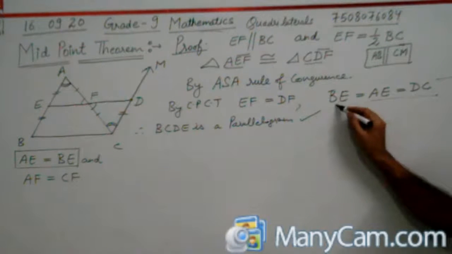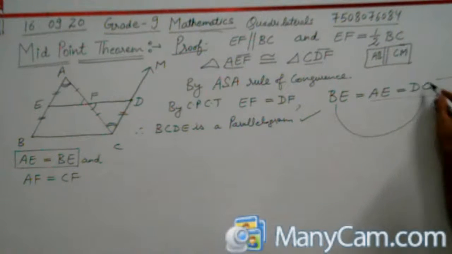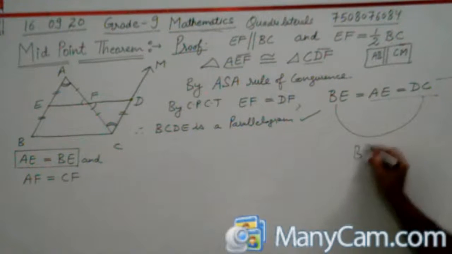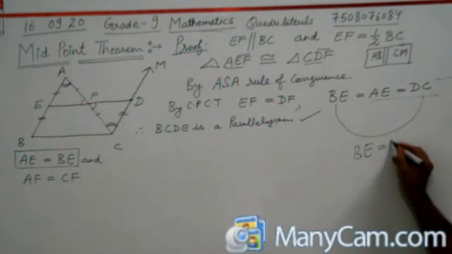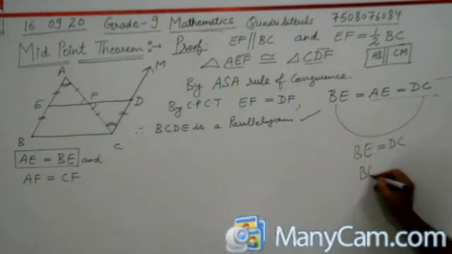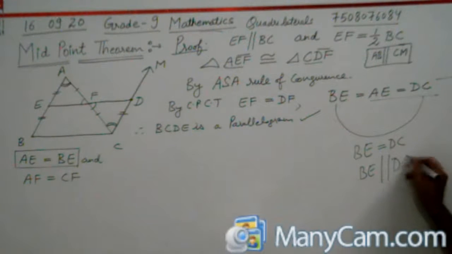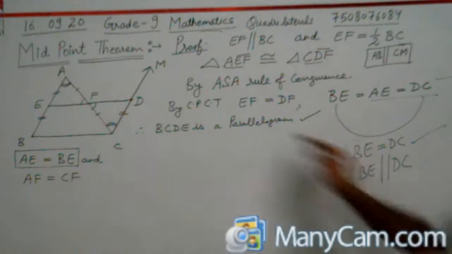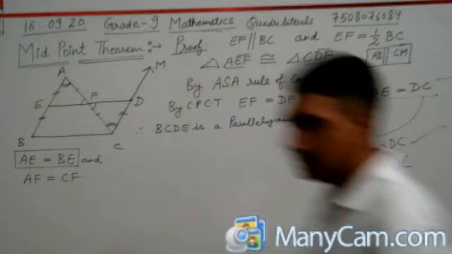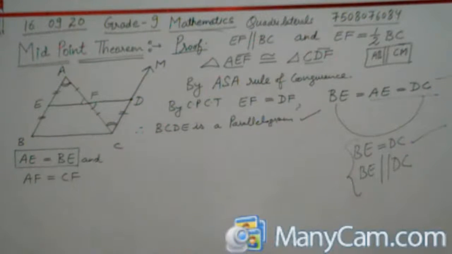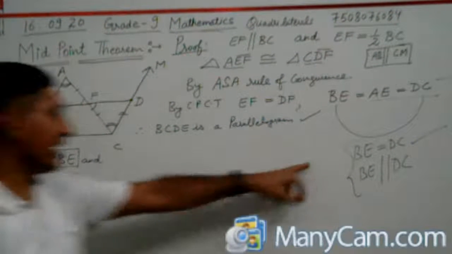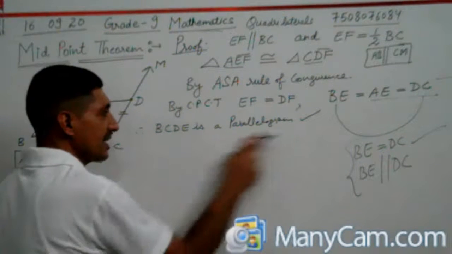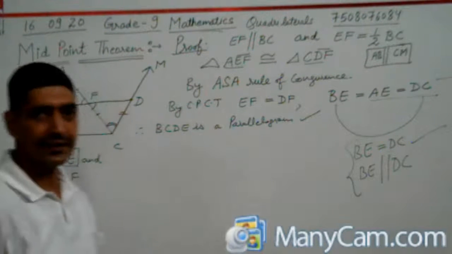And it means BE is equal to BC. BE is equal to DC, and already we have written BE is parallel to DC. This is the sufficient condition to say that BCDE is a parallelogram, right?